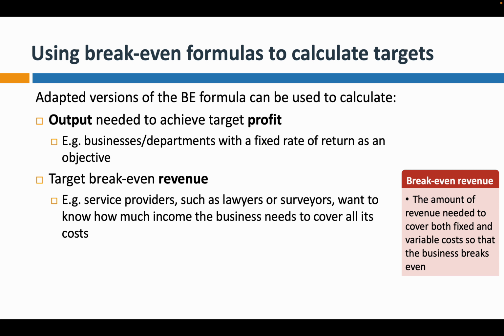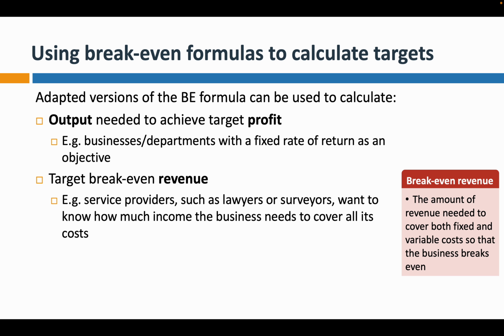Our mother company, our shareholders or whoever is going to set a target revenue for us. And we might want to know what would be the break-even revenue for us. So how much would I need to be selling?